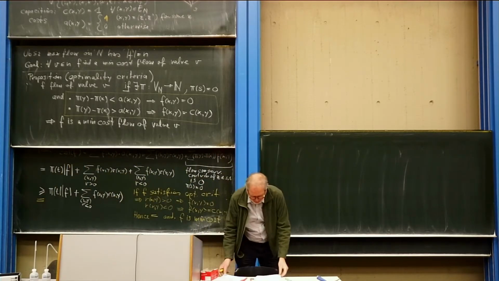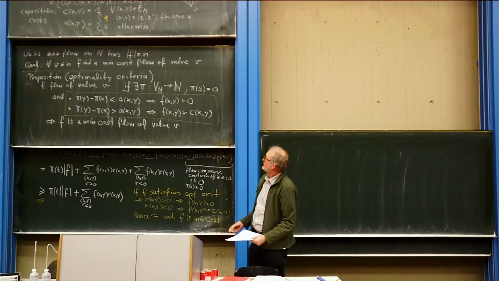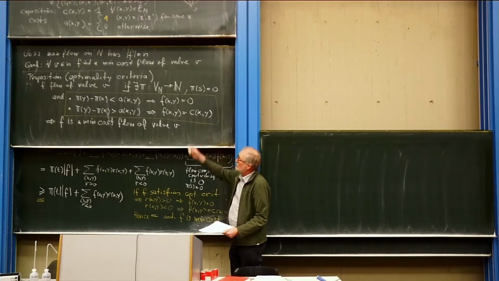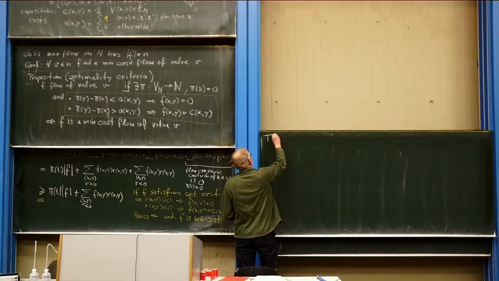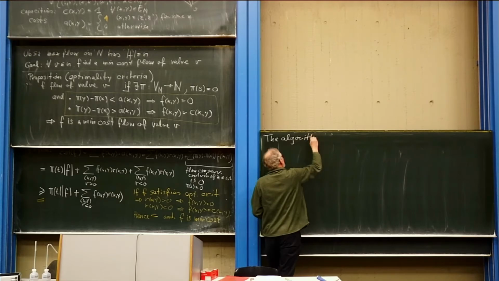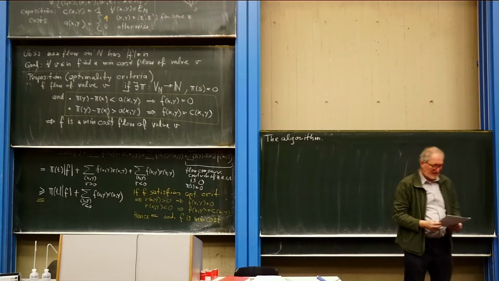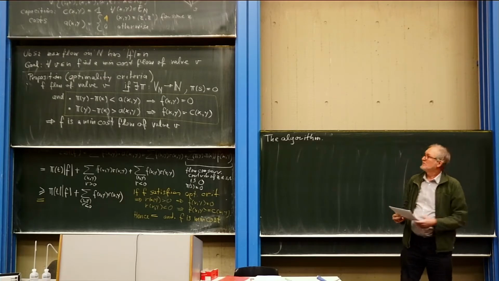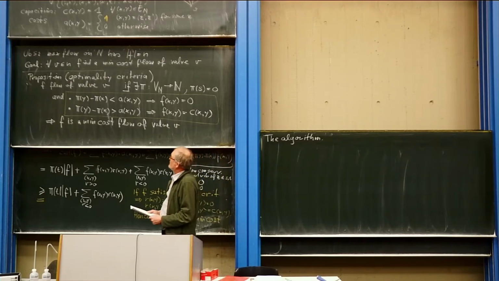And now we are going to approach our goal. Here is this description of the algorithm. So we are going to maintain a pair of a flow and potential which is optimal by this criterion.